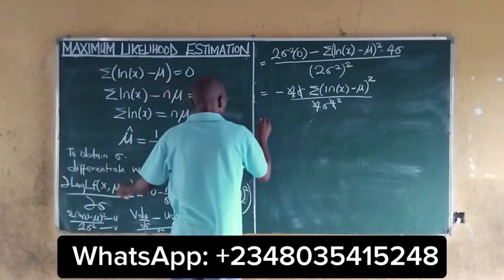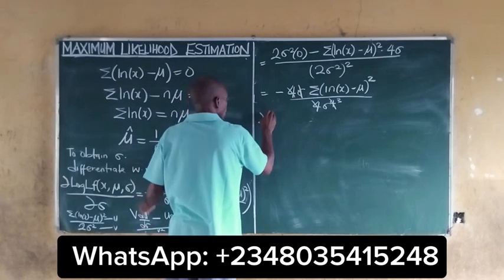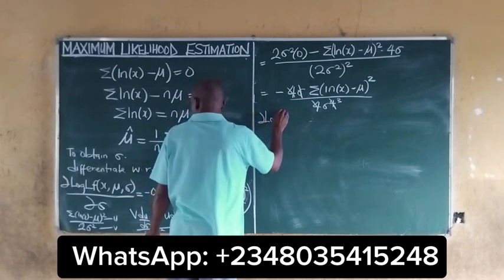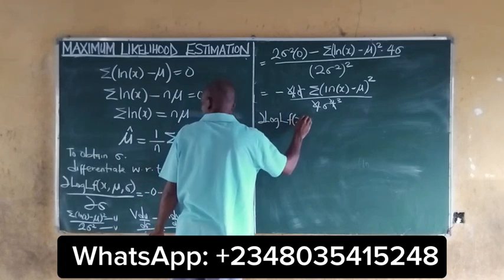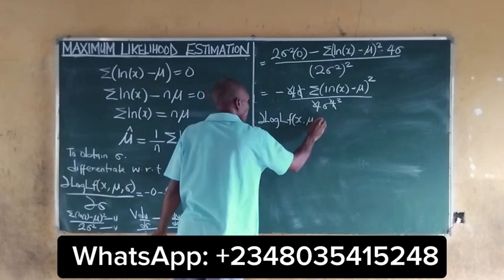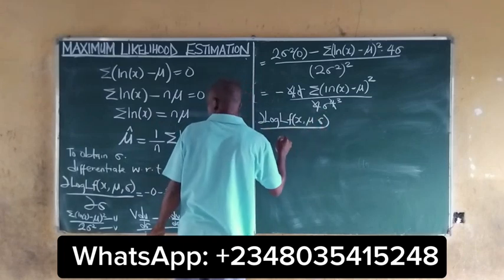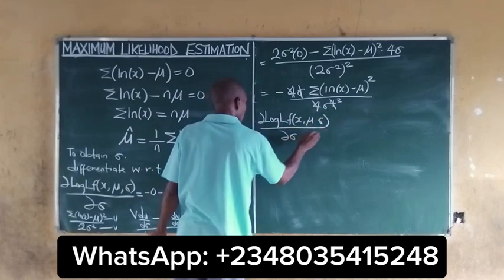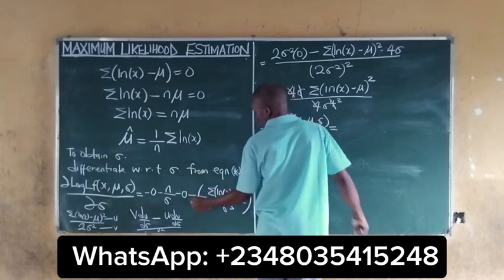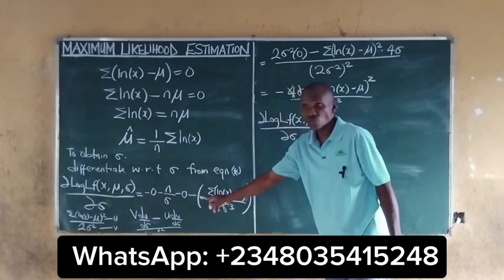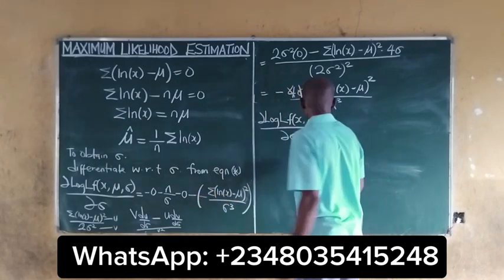It then means that our differential of our log likelihood function of x, mu, and sigma all over d sigma is equal to what we get here. Of course, this multiplied by this will change the sign to positive.